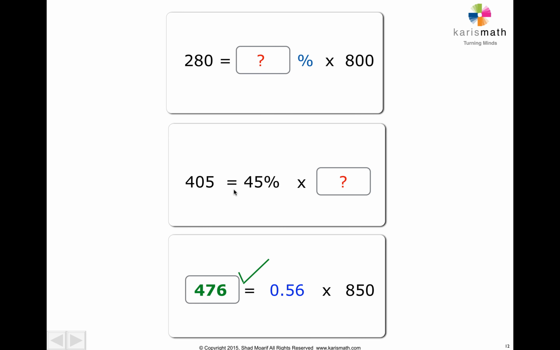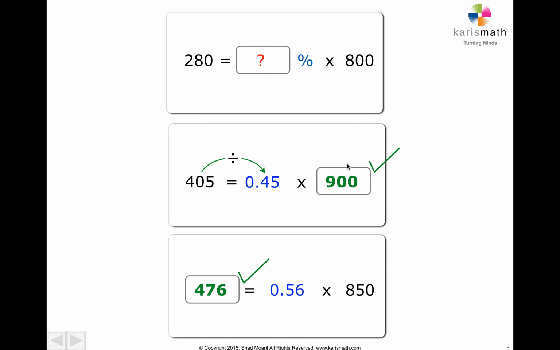Here we are asking 45% of what amount is 405? Well, if I divide 405 by 45%, which is 0.45, I should get the answer, which is 900.